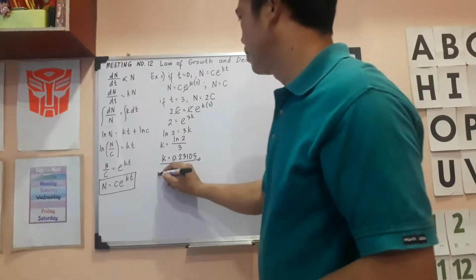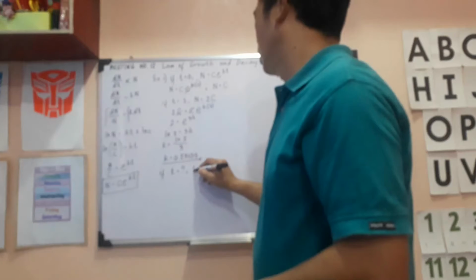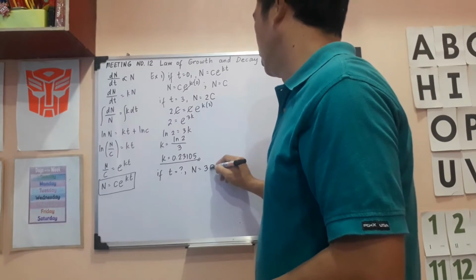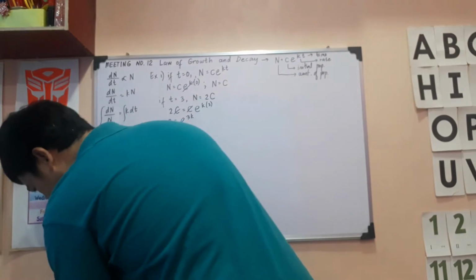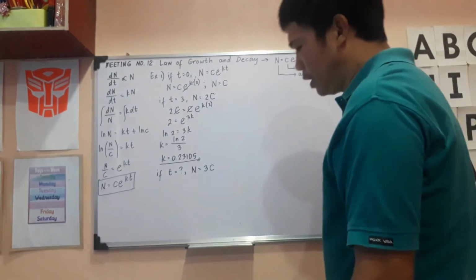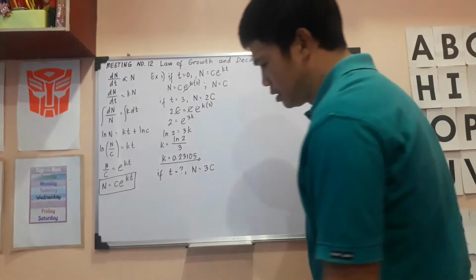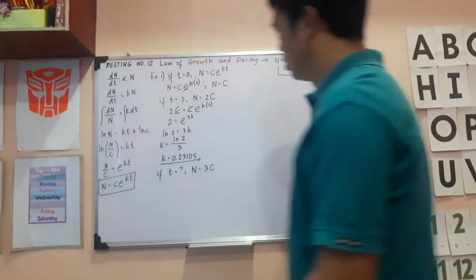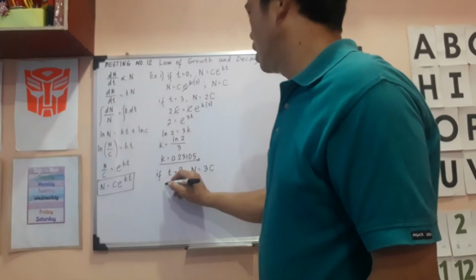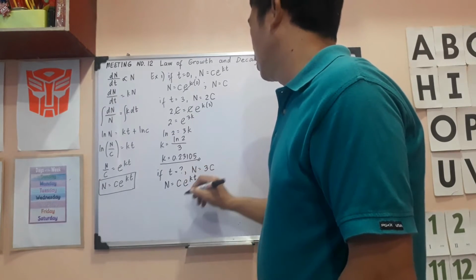Now, if time is unknown, then N is equal to triple. Okay? So, what is the time? How many years? From our working equation, N is equal to C e raised to kt.